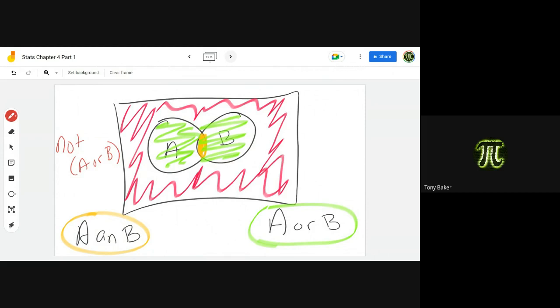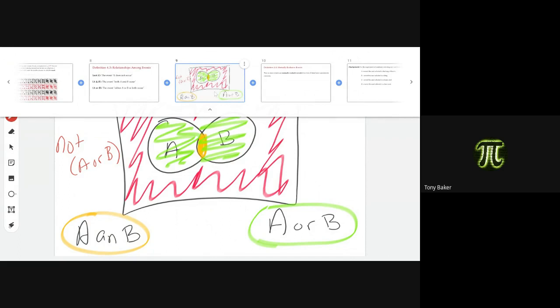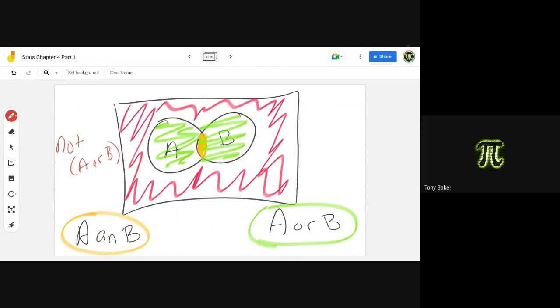And then the not would be everything else except for what was inside the circles. So that's just a nice little graphical representation of the ands and ors.